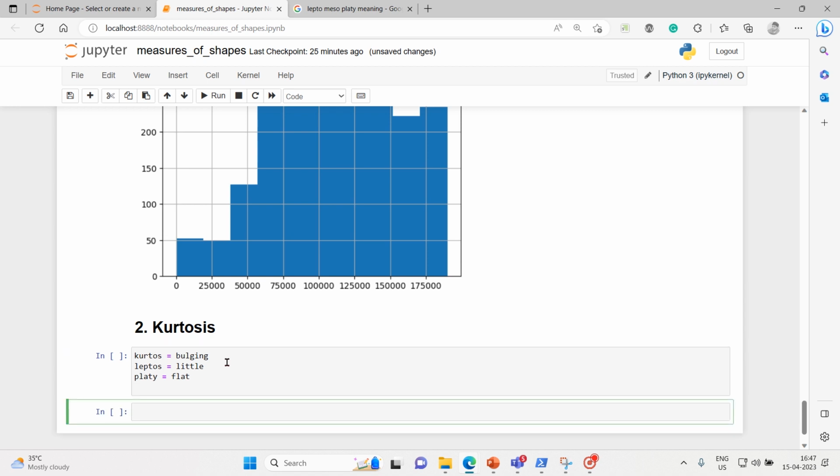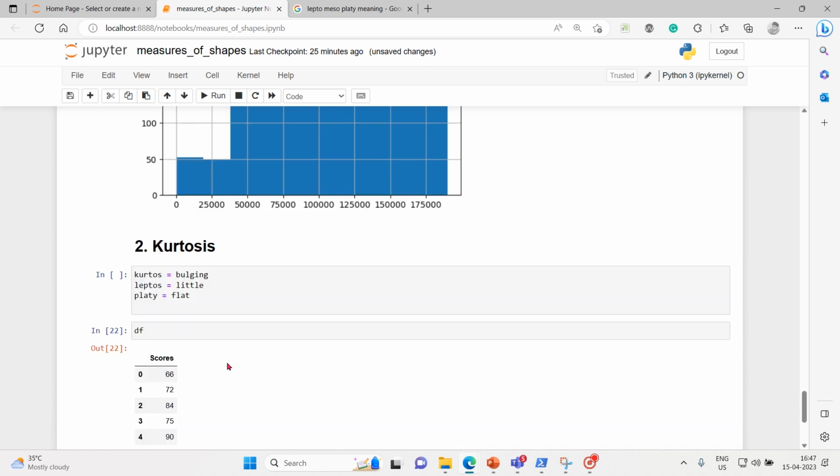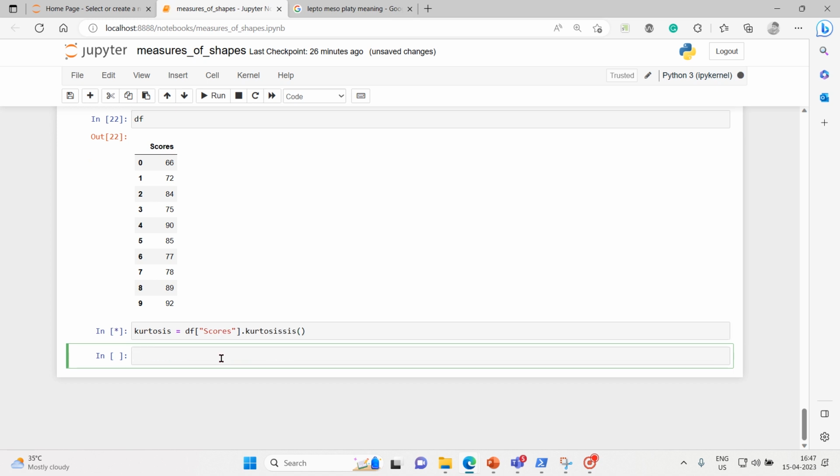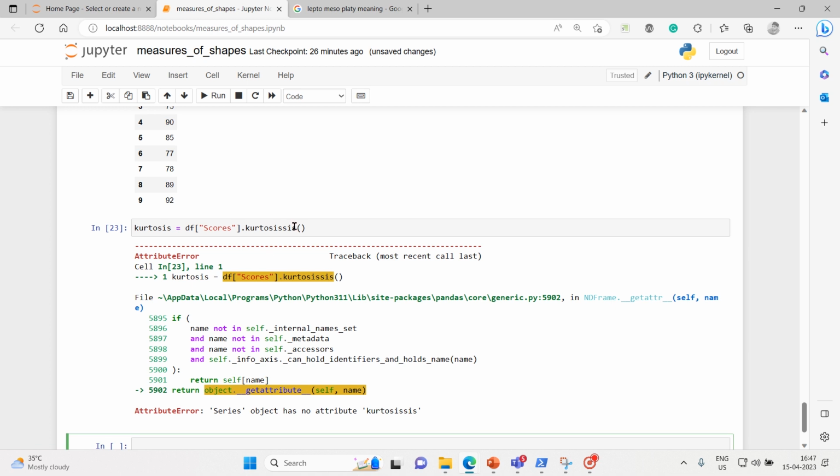Let's take the similar example, that DF. This is the data frame we have used earlier. For the same one, we are going to measure the kurtosis. So kurtosis is equal to DF of scores dot kurtosis.